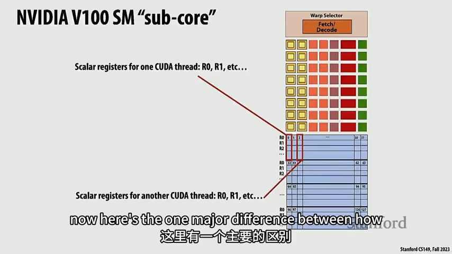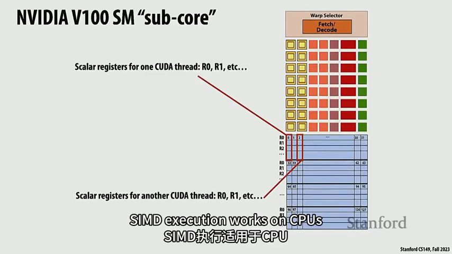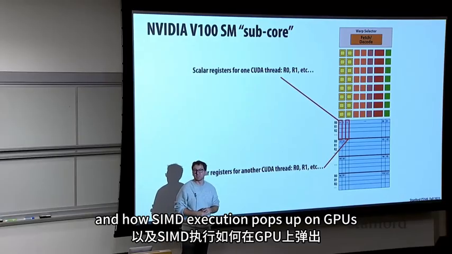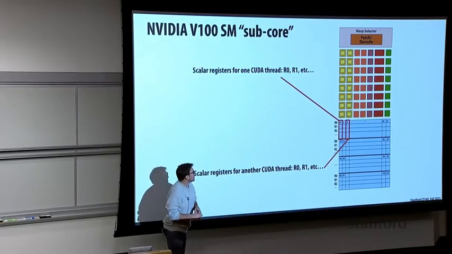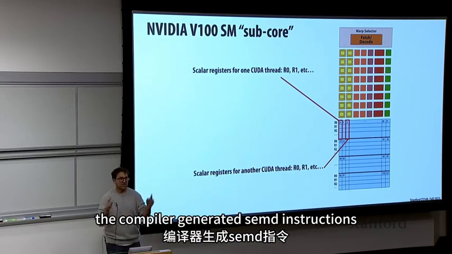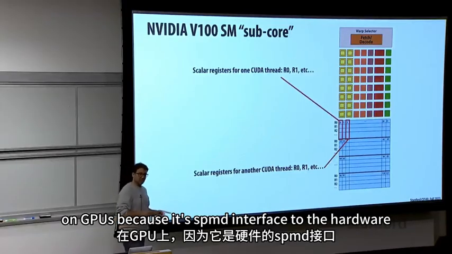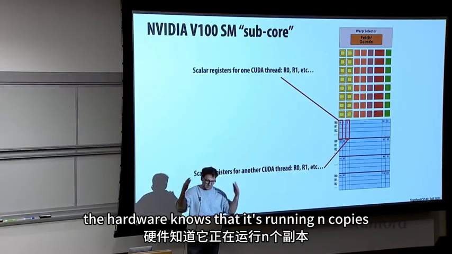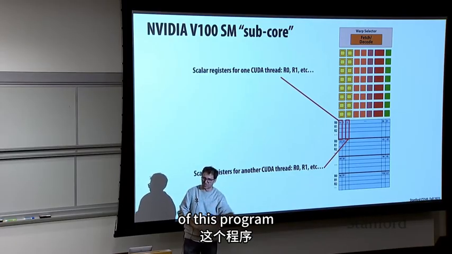Now here's the one major difference between how SIMD execution works on CPUs and how SIMD execution pops up on GPUs. On CPUs, if we had a thread and it ran SIMD, the compiler generated SIMD instructions. On GPUs, because it's an SPMD interface to the hardware, the hardware knows that it's running n copies of this program.